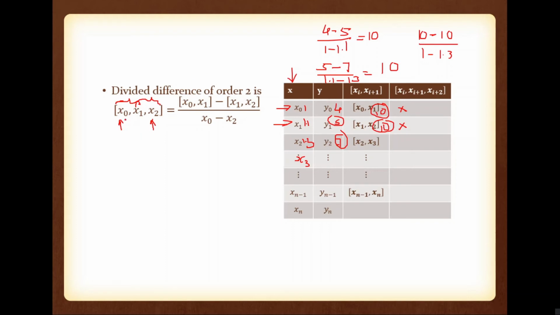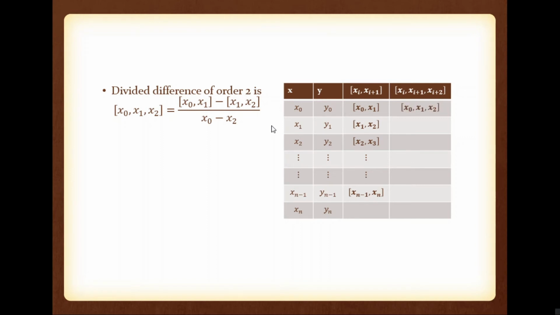So [x0, x1, x2] is equal to [x0, x1] minus [x1, x2] divided by x0 minus x2. And what is the position? This is the position of [x0, x1, x2], that is, this is corresponding to x0.